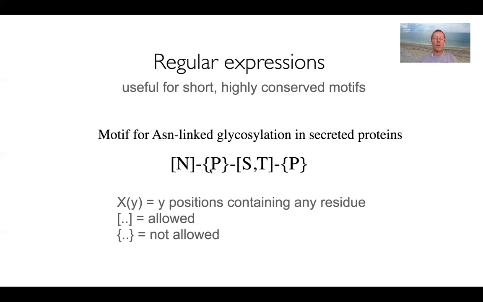These curly brackets mean that you don't allow whatever residue is inside them. You don't allow proline, but you allow anything else in this position. This is followed by a serine or a threonine, followed again by any residue except proline. So any motif that has asparagine, no proline, serine or threonine, and no proline is a prime candidate for N-linked glycosylation. And in fact, with some qualifications, this is a very efficient way to recognize the presence of potential glycosylation sites in secreted proteins.